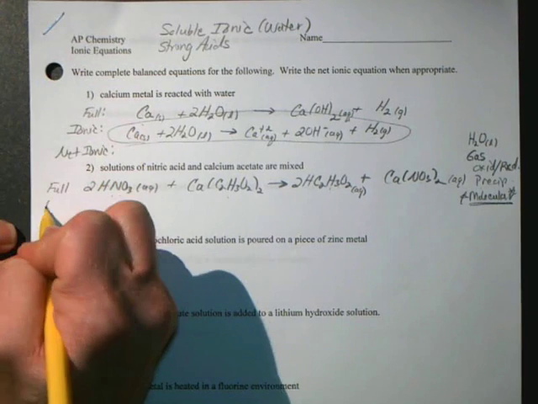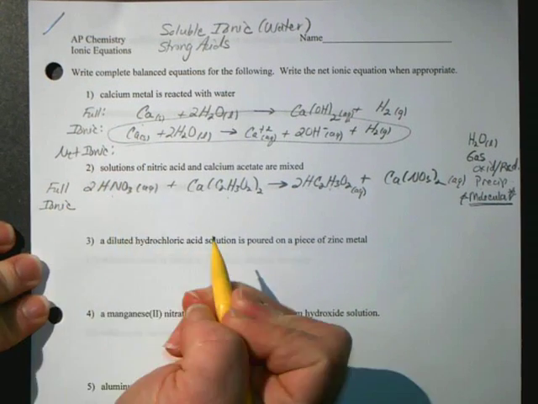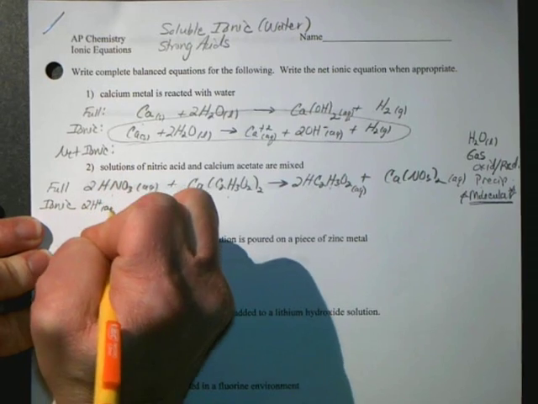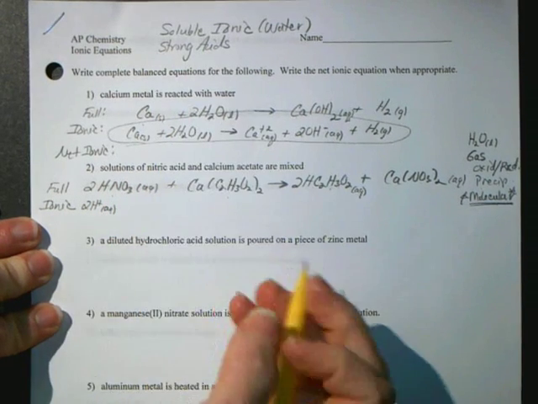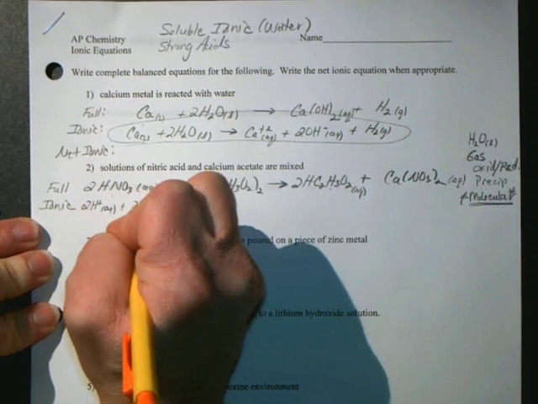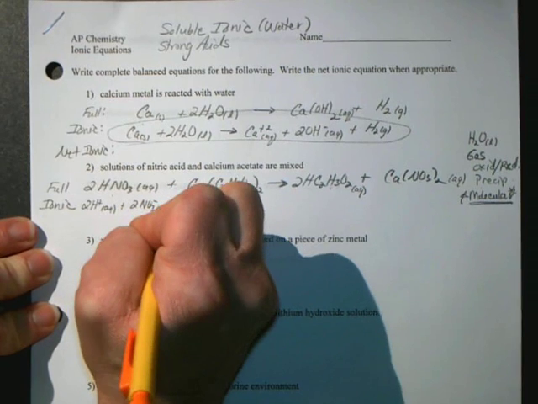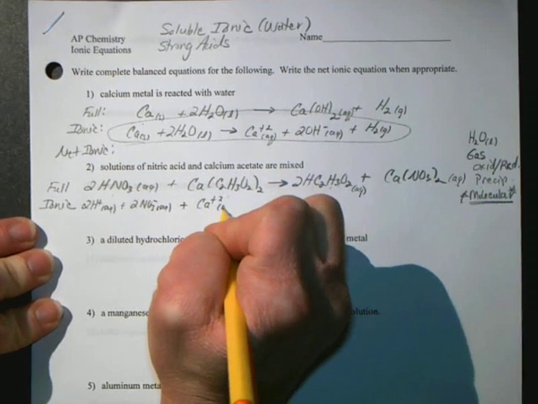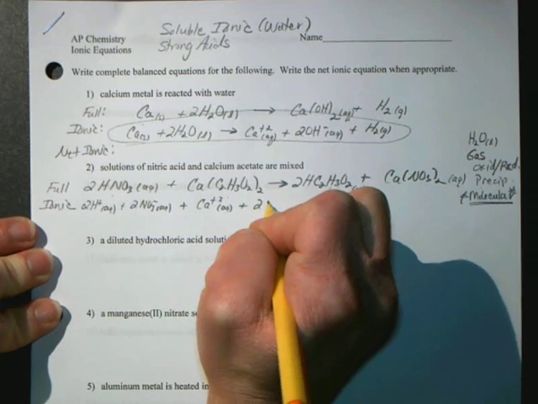Let's write the ionic. So we will create 2 hydrogen ions. Remember, it's a strong acid. It will be existing as separate ions. And 2 nitrates, aqueous. This is also as separate ions, calcium, and 2 acetates.